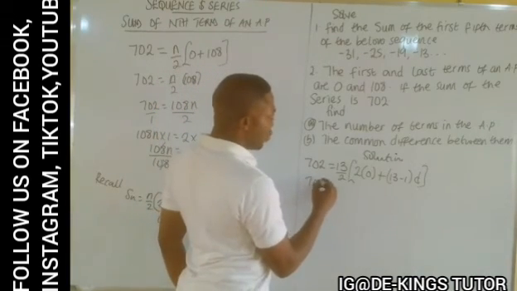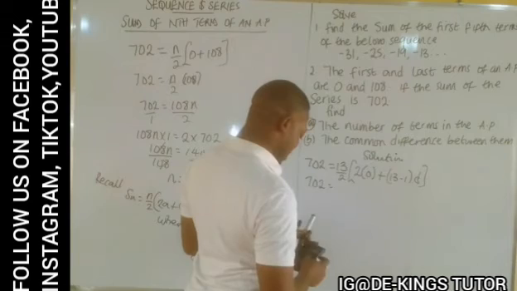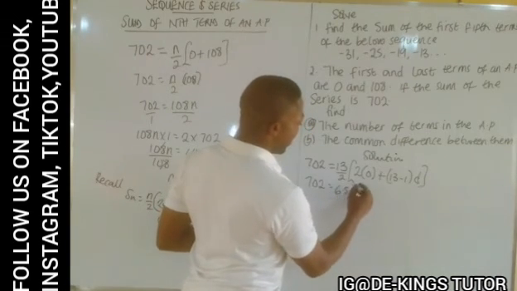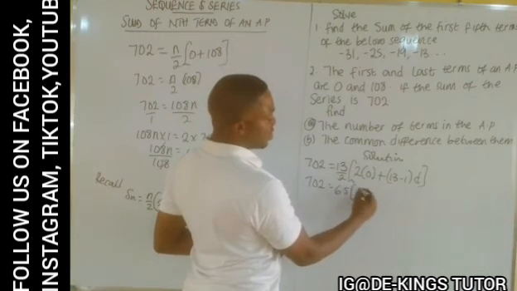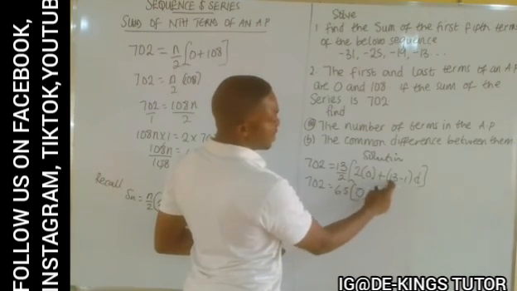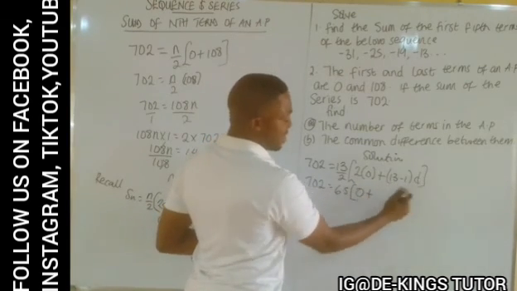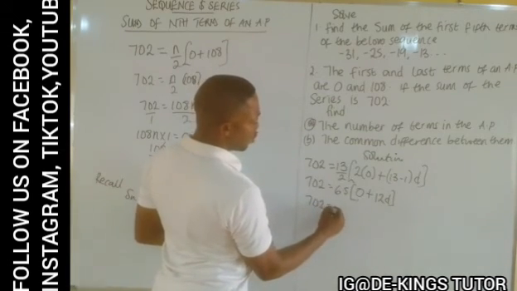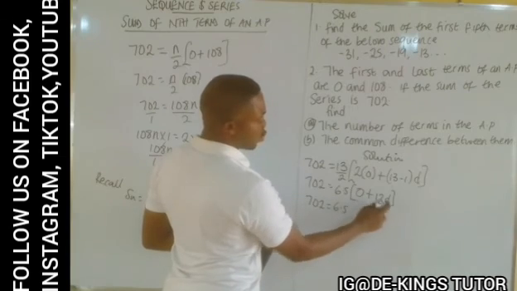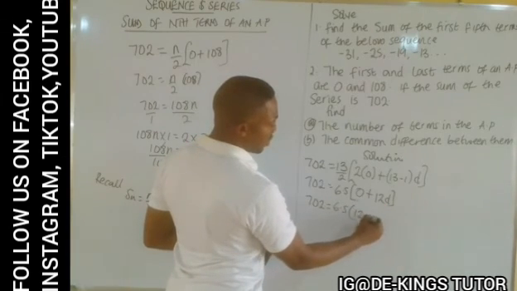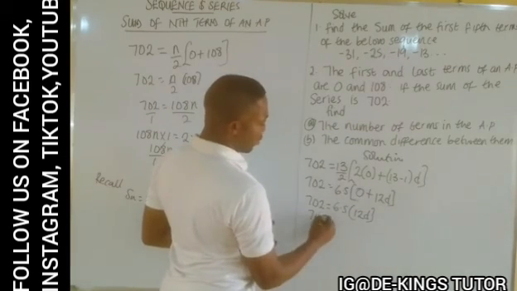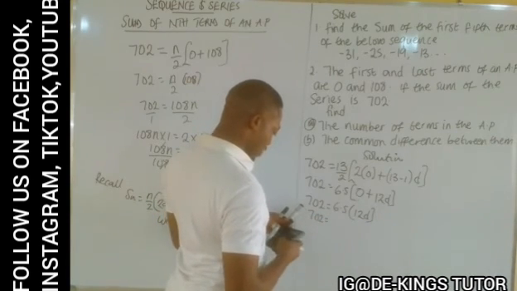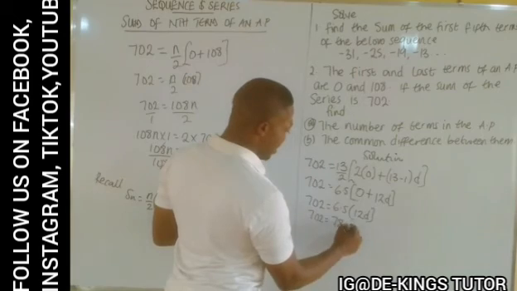So we have 702 equals 13 divided by 2, which will give us 6.5. 2 times 0 is 0 plus 13 minus 1, which is 12, times d, 12d. So we have 702 equals 6.5 times 0 plus 12d, which will give us 12d. So 702 equals 6.5 times 12d, which will give us 78d.